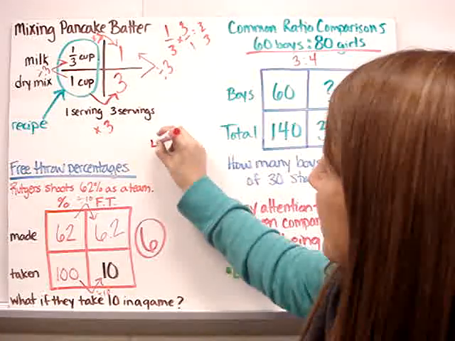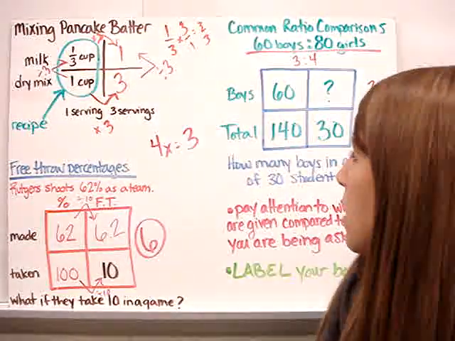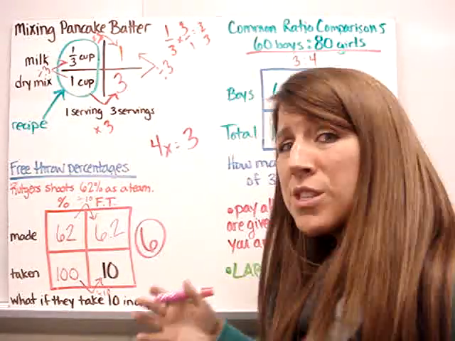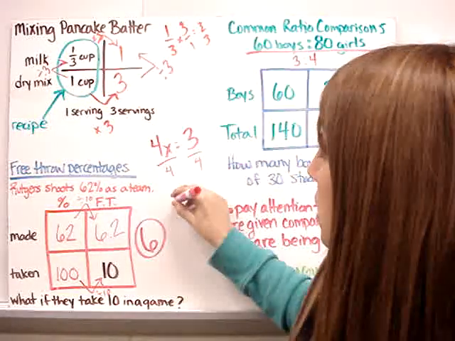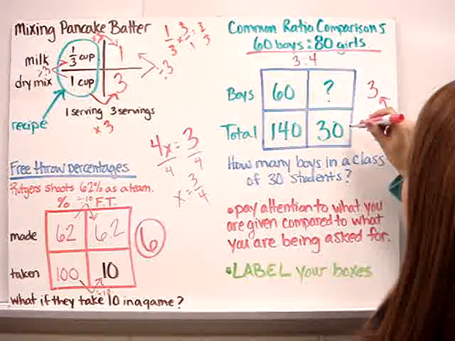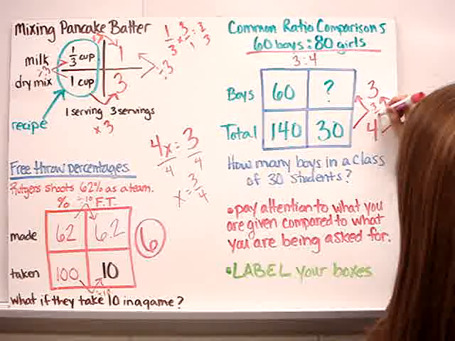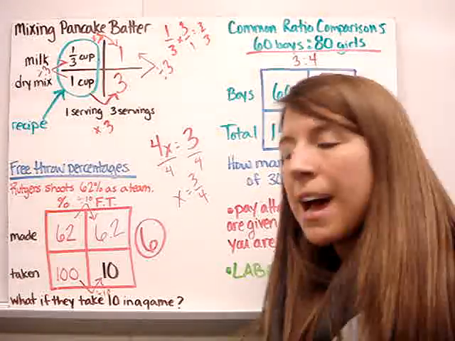So 4 times something equals 3. Well, what is that something? Do you see that one-step equation there? You can solve for that something by dividing by 4. So x is 3/4. So this number times 3/4 is going to get me this value. 30 times 3/4.